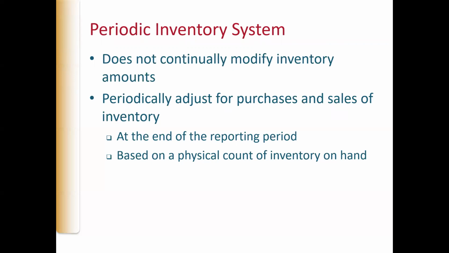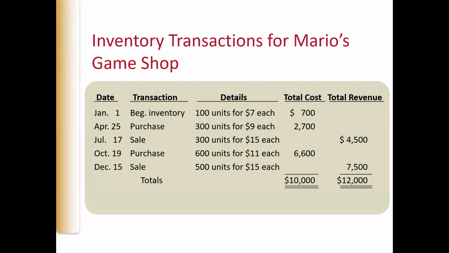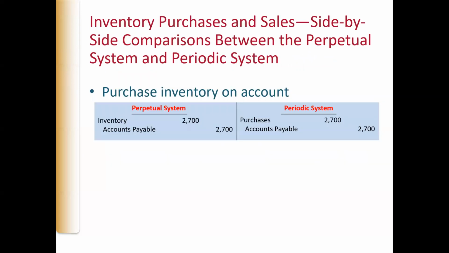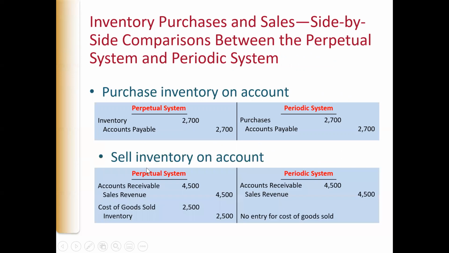Remember, the periodic system doesn't take into account cost of goods sold till the very end. Okay, so what we're going to do using the same information is under the periodic system, we don't call it inventory. We call the account purchases when we purchase items.